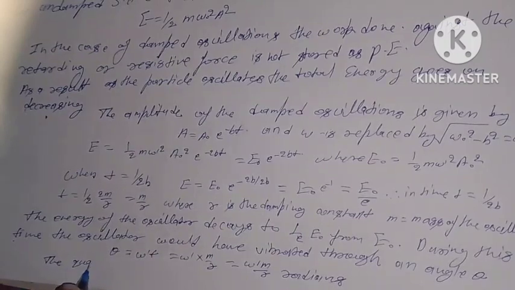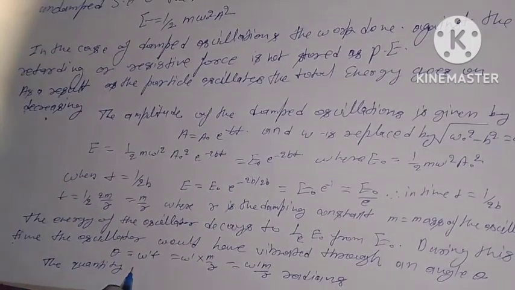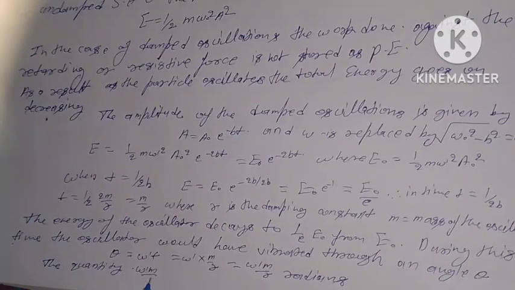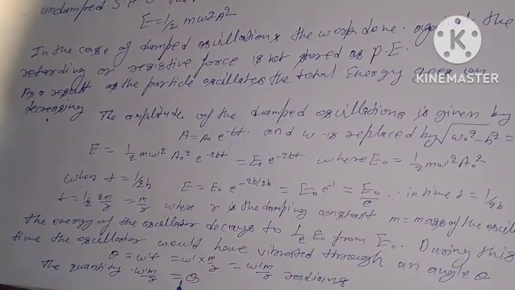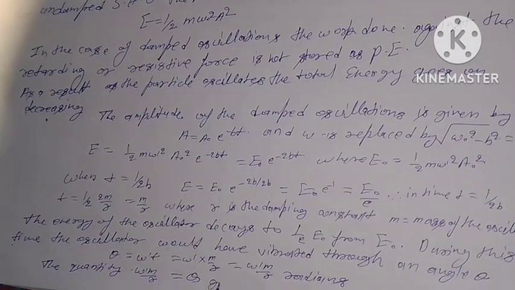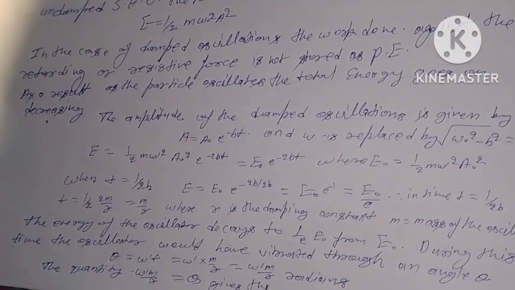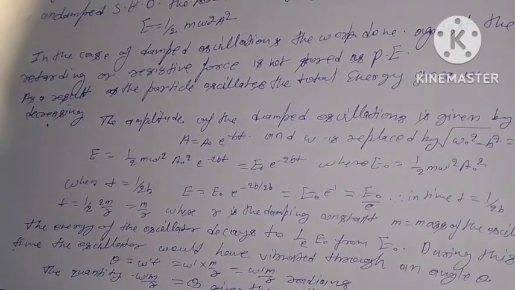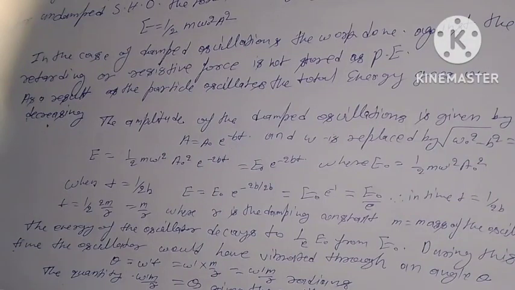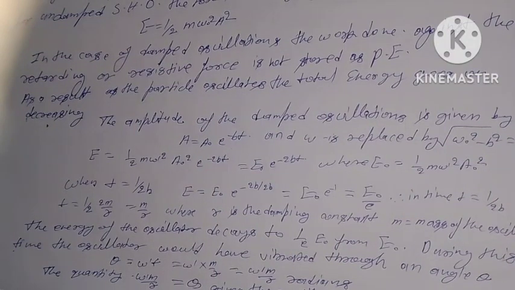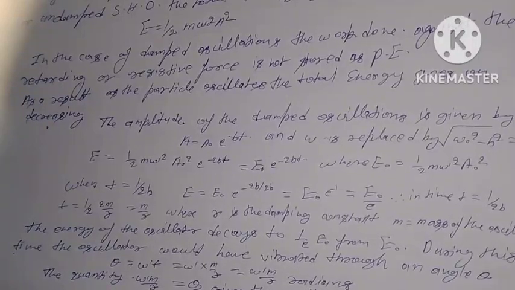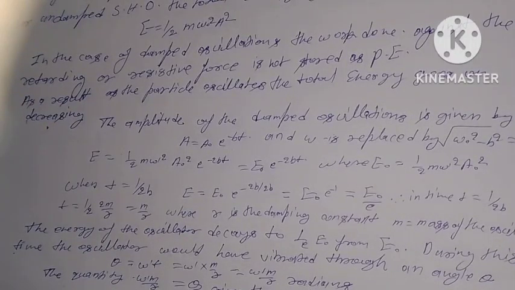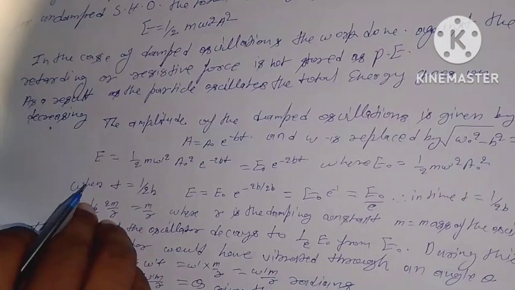The quantity omega dash m by r equal to Q gives the quality factor, the Q value. Definition of quality factor.